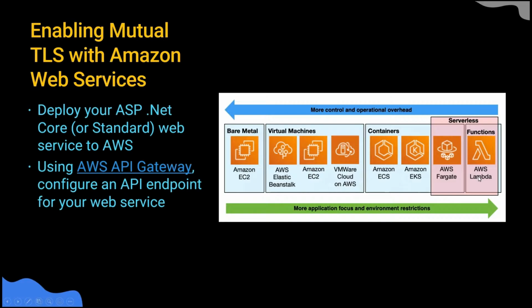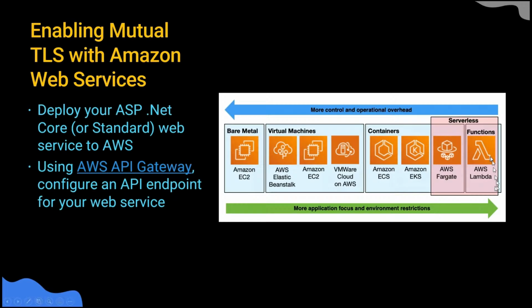I'm actually just going to create a function within Lambda. I'm not going to use the .NET Core application there, although you can deploy .NET Core applications to Lambda. There is a Lambda library that you can include in your ASP.NET Core application, and what that does is it allows Lambda to actually act as a proxy the same way Kestrel does in front of the web service.